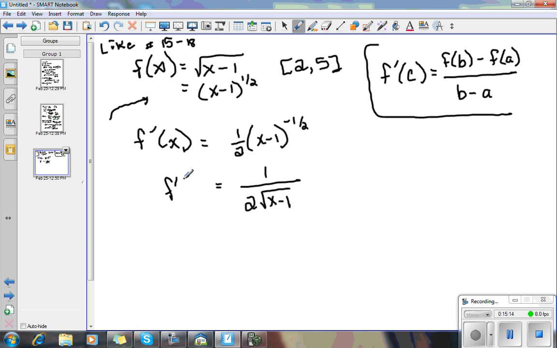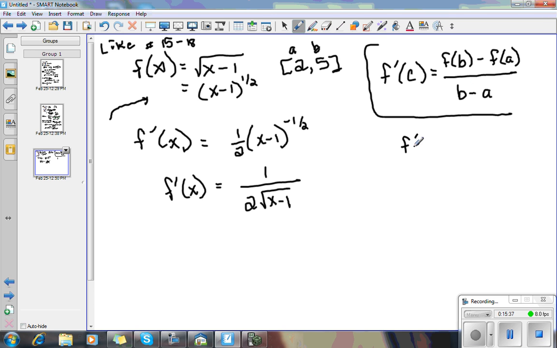So that's f prime of x. Now the directions are asking us to find for what value of c, so I'm going to substitute in a c here, would it be true? This is a, and this is b, because these are the values on my closed interval. So I need to evaluate the average value of my function, plugging in a 5 and a 2.